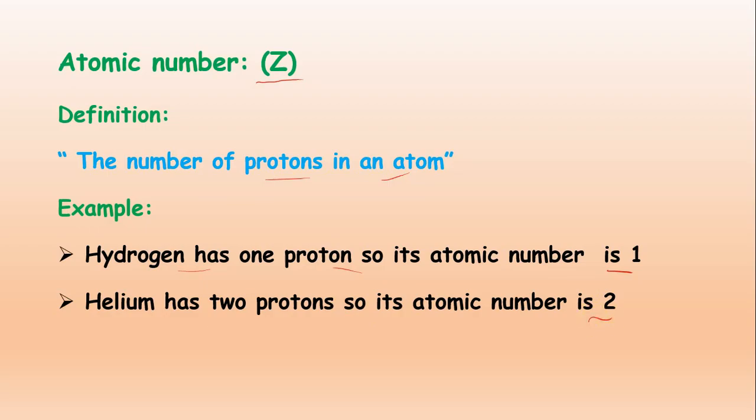Suppose carbon has 6 electrons, so it has 6 protons, so its atomic number will be 6. So proton number or atomic number is directly proportional to the number of protons or electrons in an atom, especially protons.